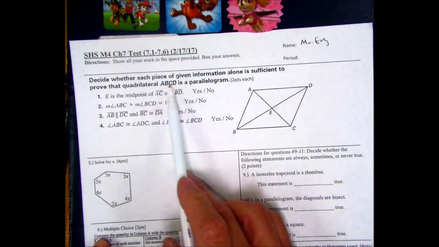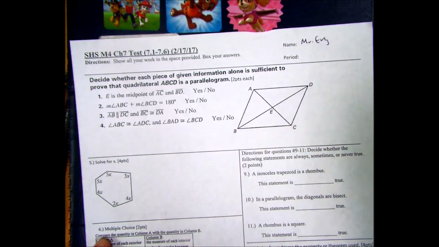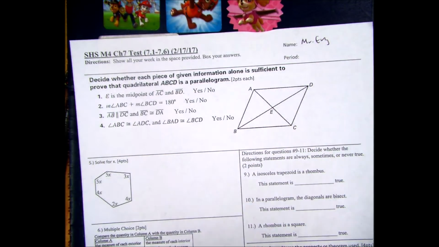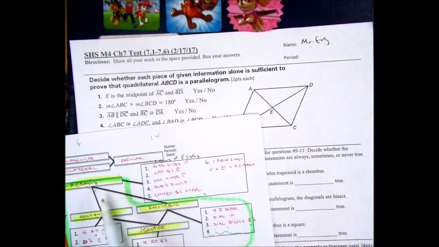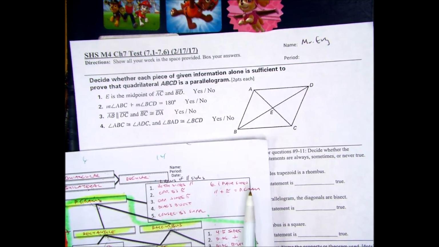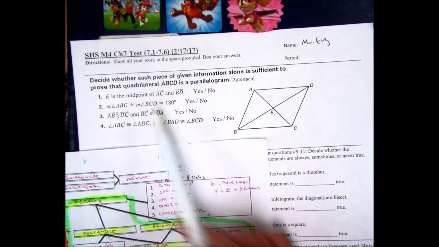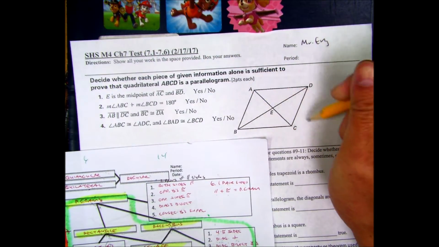Decide whether each piece of given information alone is sufficient to prove that the quadrilateral ABCD is a parallelogram. So basically, like in the previous video, you're just looking here to use the properties of a parallelogram. Okay? So E is the midpoint of AC, so I'm using a pencil so I can erase AC.